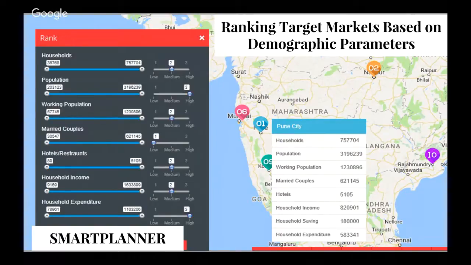This shows a very interesting use case where on the fly the system can help you create a ranking in terms of priority, and help you really decide where to go first. And you would already have the data handy with you in terms of going to that particular city or maybe locality, as I had shown you in the previous screen. Once you shortlist the city, then you can immediately move to the next step.